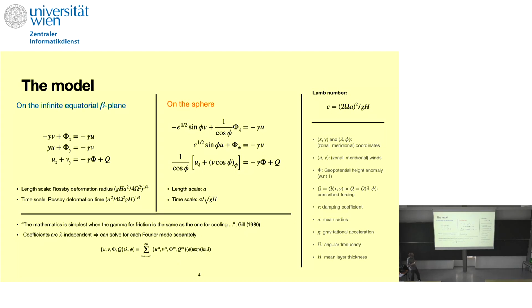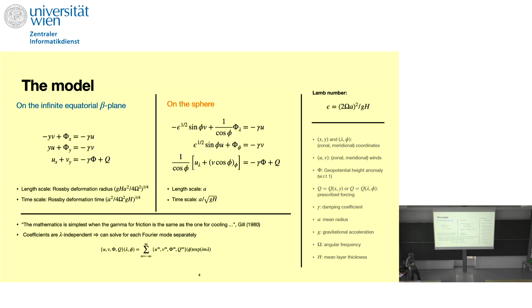We have the zonal momentum equation, meridional momentum equation, and continuity equation, where x and y are the zonal and meridional coordinates, u and v are the corresponding velocities, capital Phi is the geopotential height, gamma is the dissipation term, and I'm going to say something about it in a second, and q is a prescribed forcing, meaning that it's a known function of the coordinates.